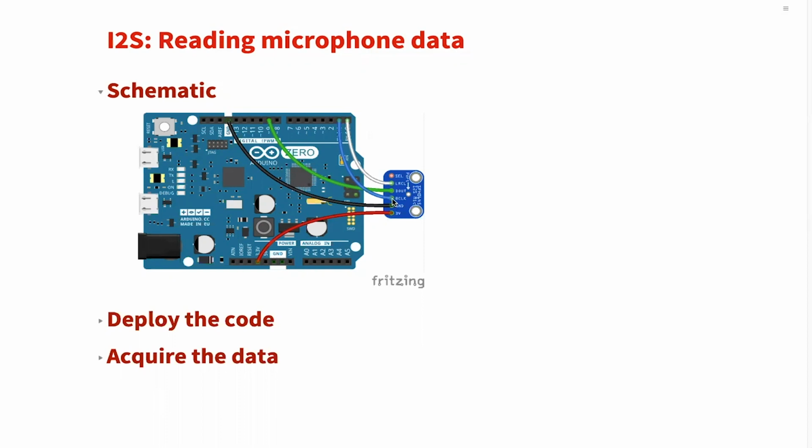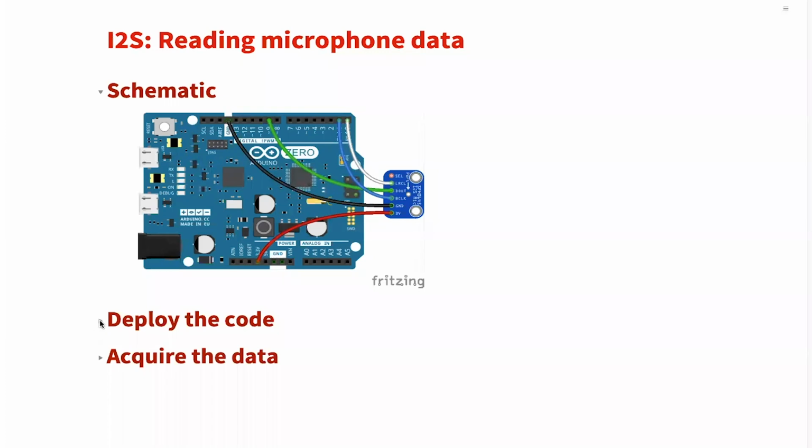One is the clock line, the other one is the output from the microphone itself, and then the select line. It comes as stereo, and this line will determine whether the signal is on the left or on the right. This select we have just not connected, so by default, I believe there are values coming only on the left channel.